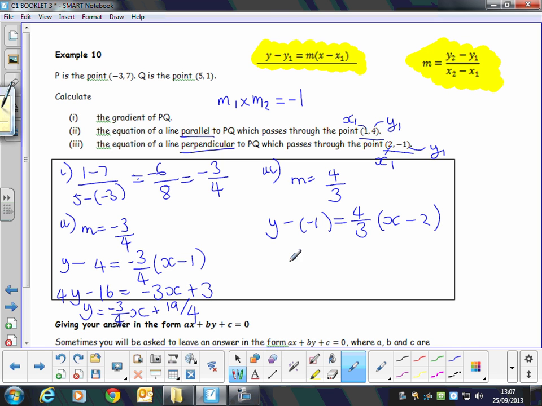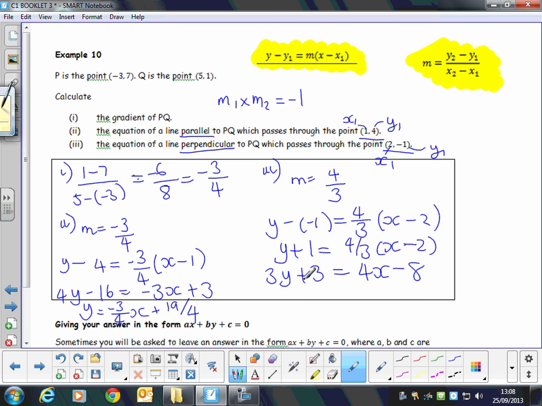So if I multiply by 3 on both sides, well actually let's just simplify this first. We've got two minuses, which will give me a plus. So I've got y plus 1 is equal to 4/3 x minus 2. And then I multiply by 3 on both sides, so I get 3y plus 3 is equal to 4, and then I'll multiply that out as well, 4x minus 8.